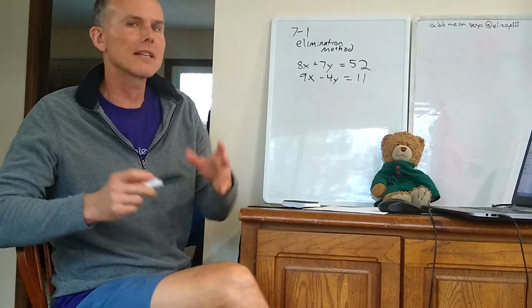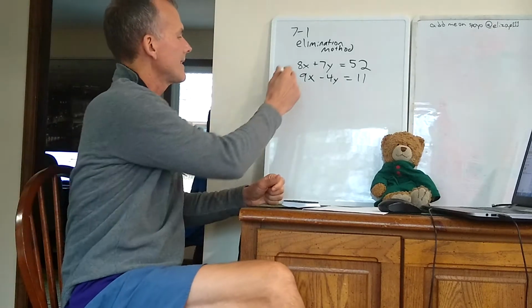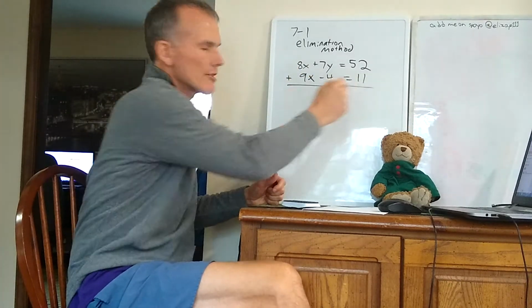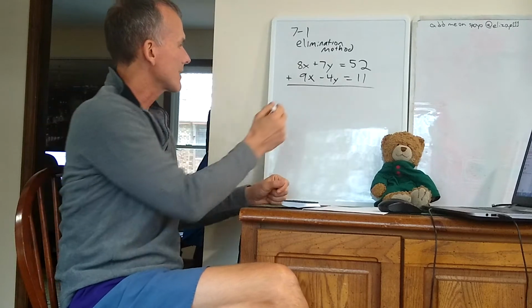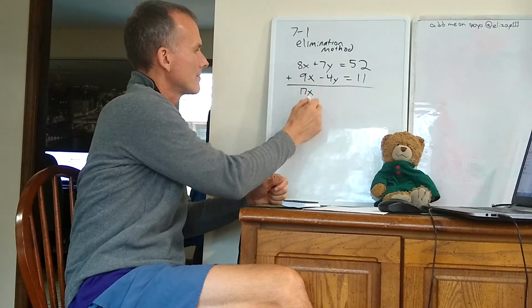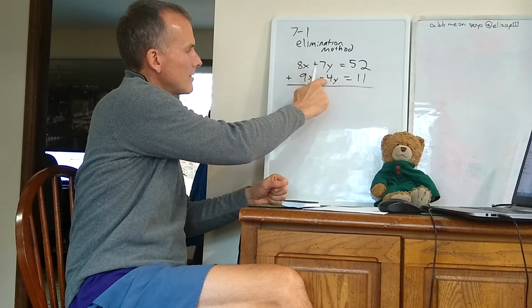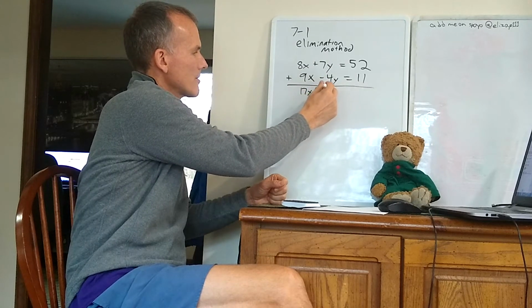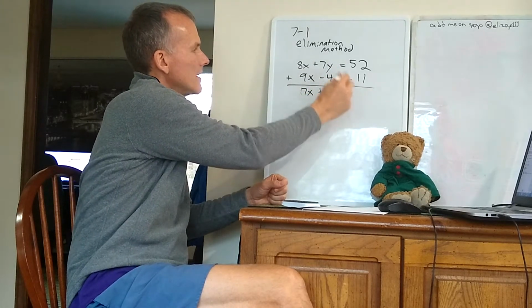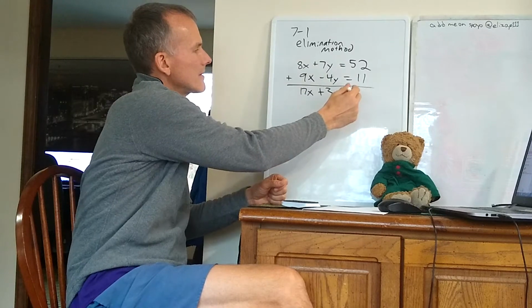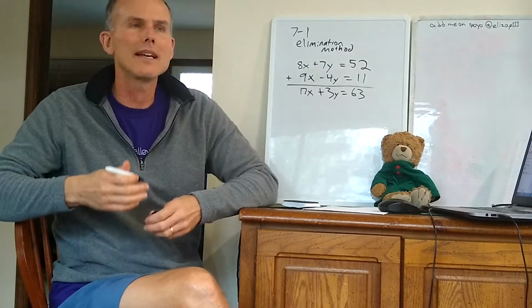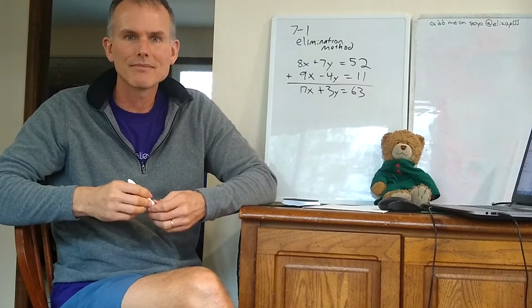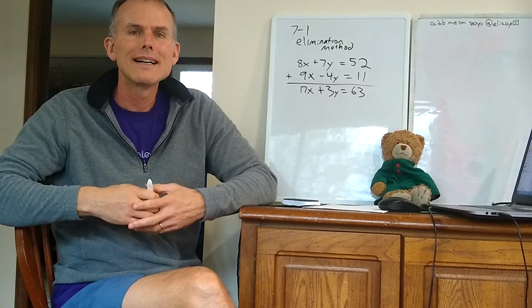Okay, so let's just think about what would happen if I just went ahead and added these two equations. Well, 8x plus 9x would give me 17x. 7y plus negative 4y would give me plus 3y. And then 52 plus 11 would give me 63. Now, I've done a perfectly legitimate operation there.